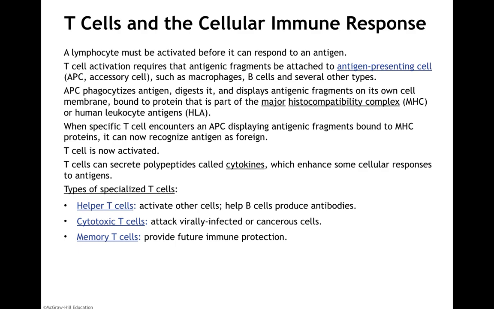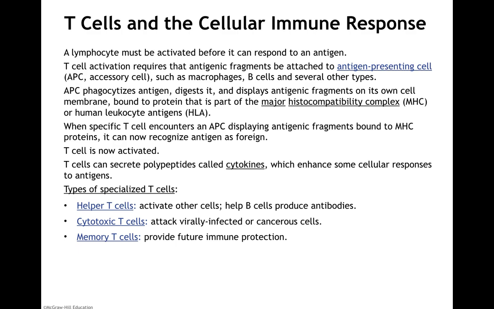When a specific T cell encounters an antigen-presenting cell that displays its target antigens, it can become activated and secrete polypeptides called cytokines, which are hormone-like substances that cause other cells to do things.